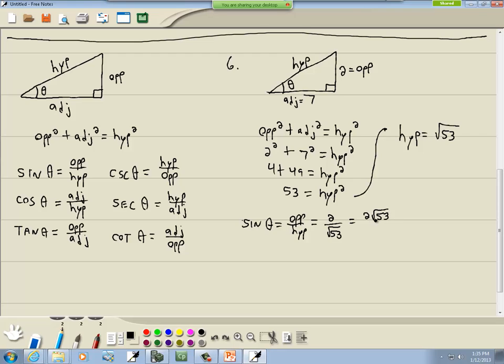So we get 2 square root of 53 over 53 for sine. Cosine is equal to adjacent over hypotenuse. Adjacent we said was 7, and hypotenuse we said was square root of 53. Multiply top and bottom by a square root of 53, and we get 7 square root of 53 over 53.